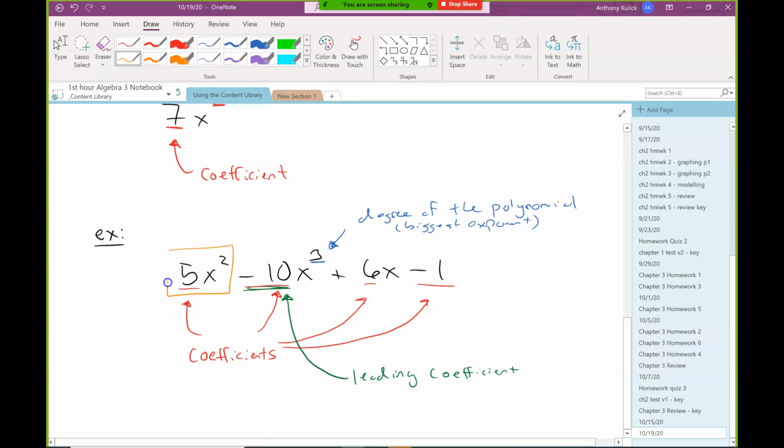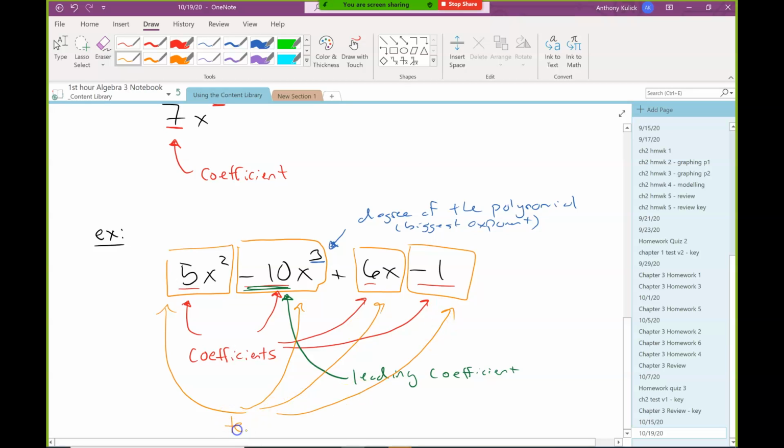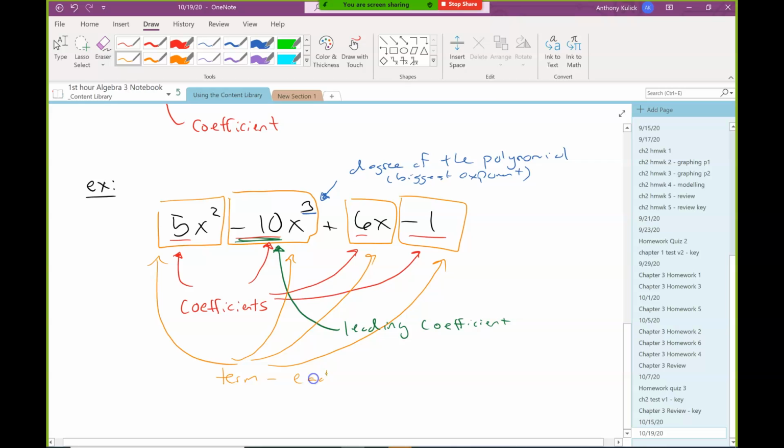And each of these monomials is what we refer to as a term. So each of these monomials is a term.